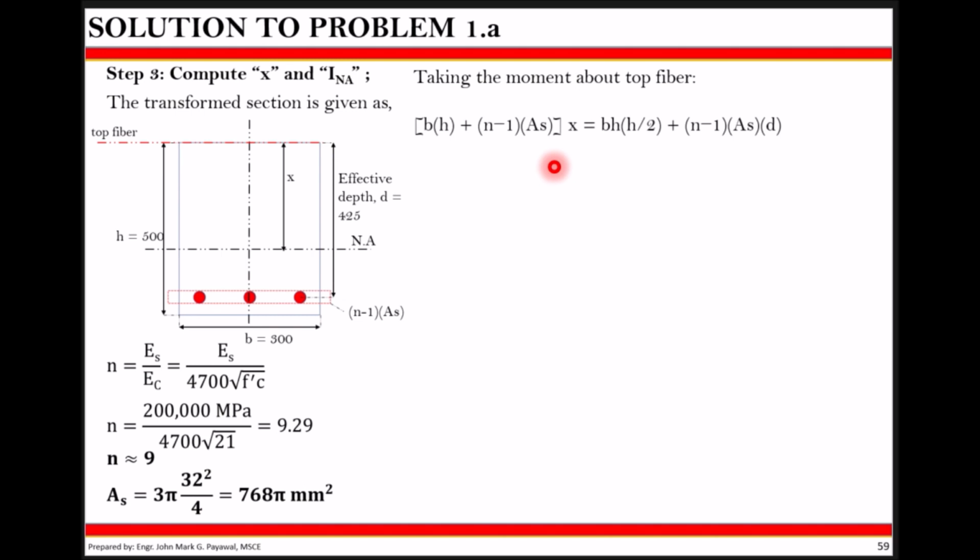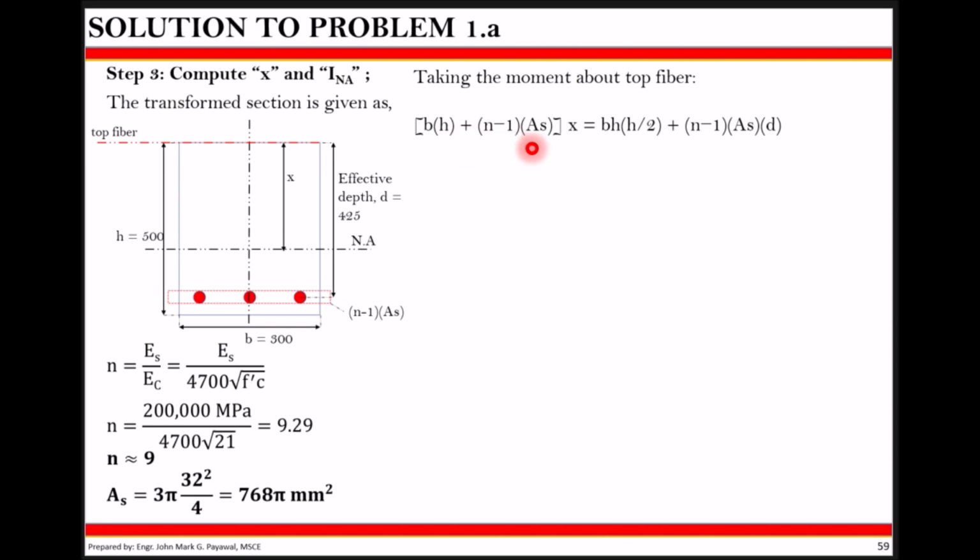B multiplied by H plus N minus 1 multiplied by AS multiplied by X equal to BH multiplied by H over 2 plus N minus 1 multiplied by AS multiplied by D. This one, BH plus N minus 1 AS is my area total.